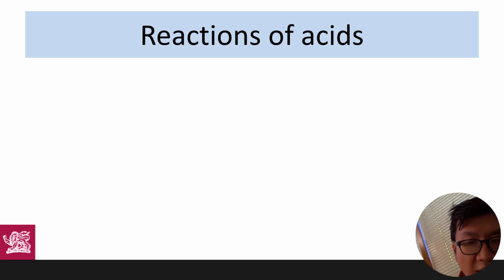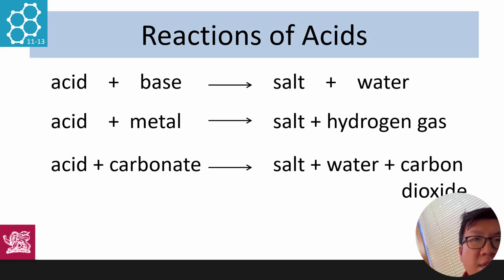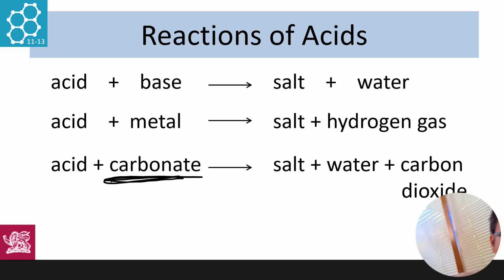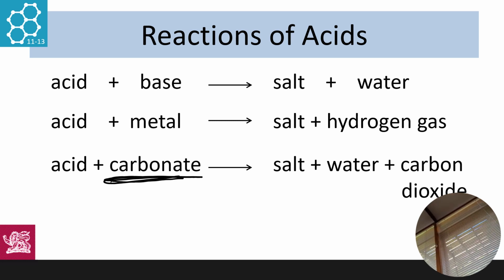Reactions of acids. Okay, these 3 are given word for word on your information sheet on page 5, so you don't need to remember these, but you might need to know what's going on here with the carbonate.